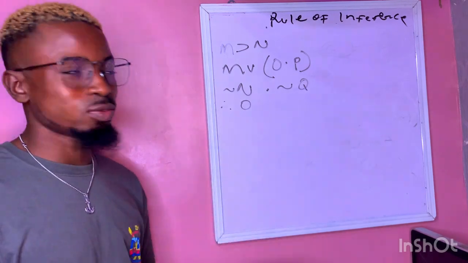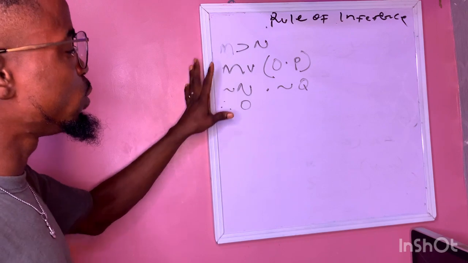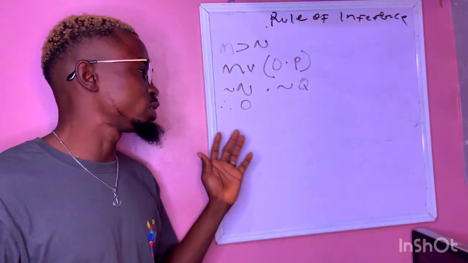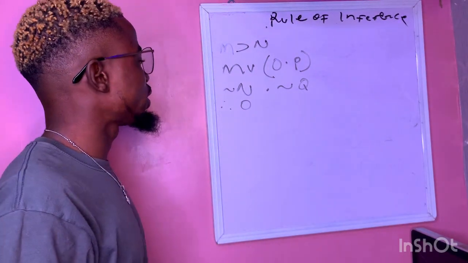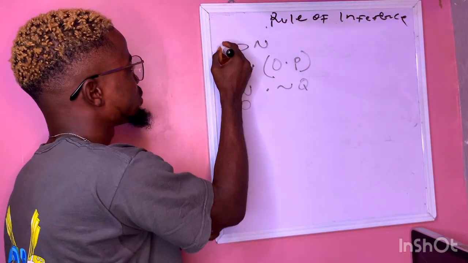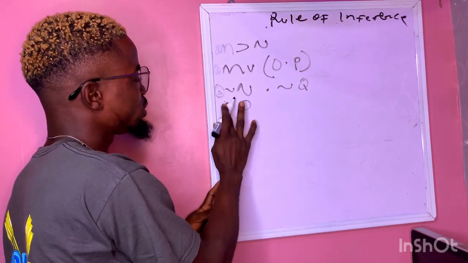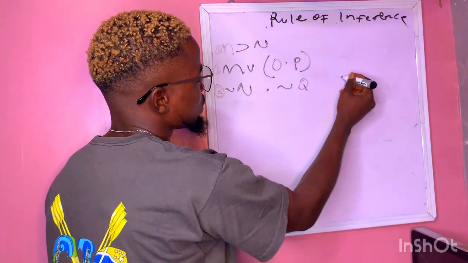After symbolizing, this is what we have. Then the first thing that you do anytime you want to solve using rule of inference, this is just rule of inference, we don't need rule of replacement here, is to look at your conclusion. But before then, you first and foremost have to number the premises: number 1, number 2, number 3. You number the premises and you put the conclusion by the side.